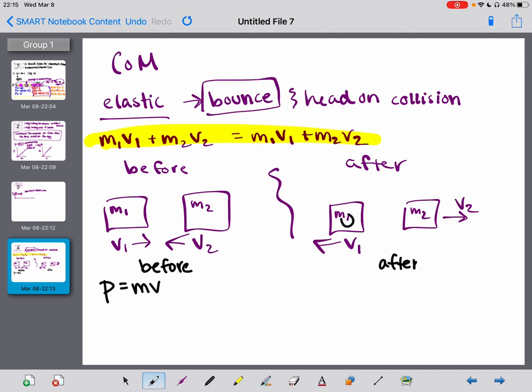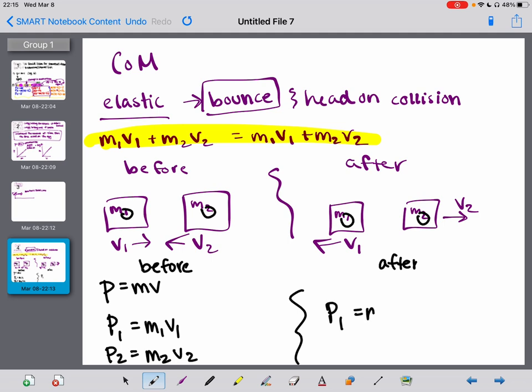Okay, and I differentiated with the subscripts, the 1 and 2, so if I want momentum 1, I would say that's m1v1. Momentum 2 before the collision is m2v2. Same thing over here. Momentum of object 1 after the collision is m1v1. Momentum of object 2 after the collision is m2v2. Okay? And then I'm just adding them, because it's the momentum of both objects.